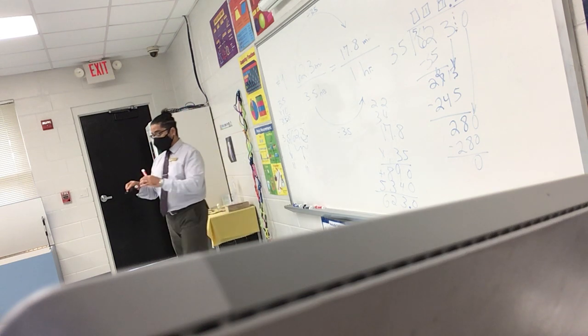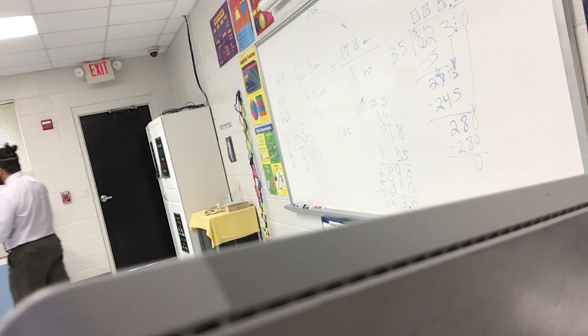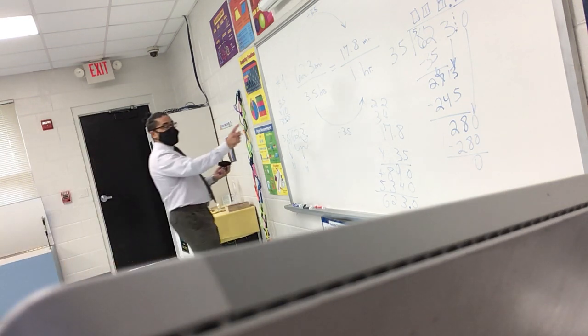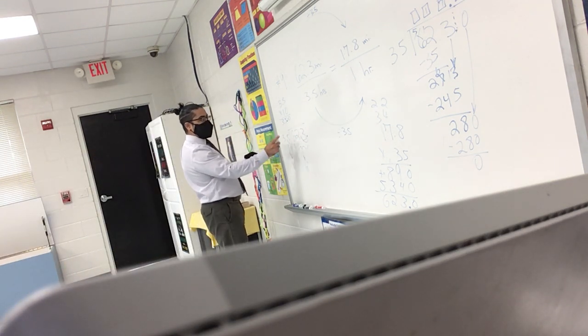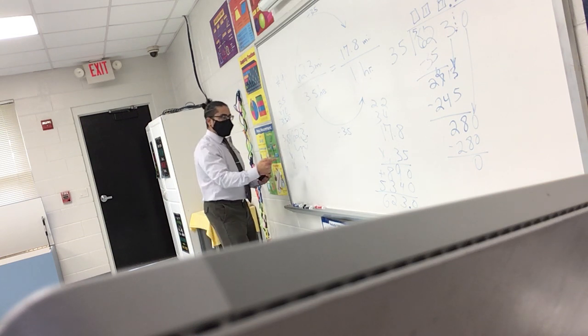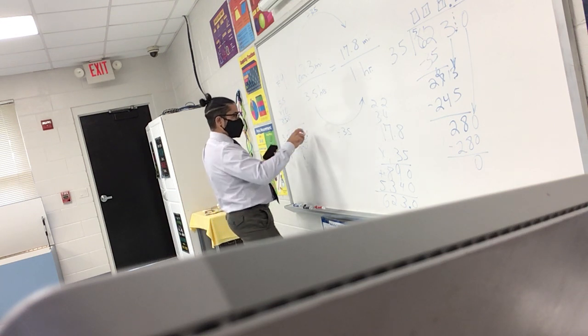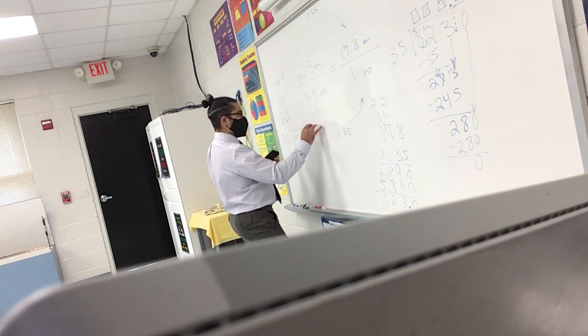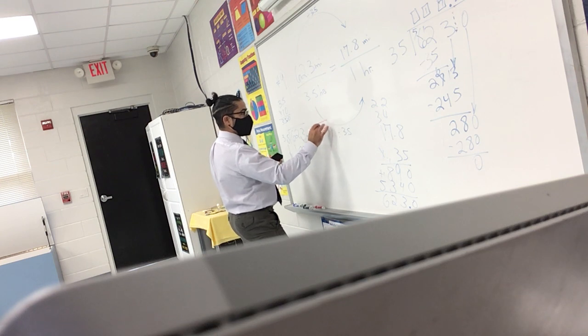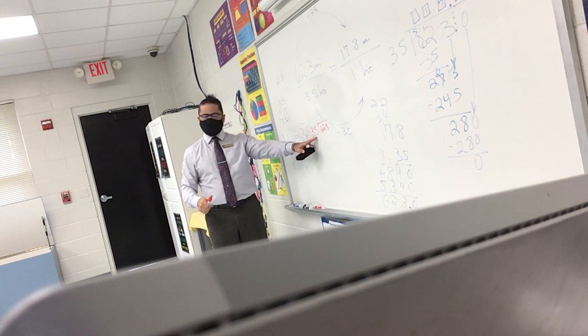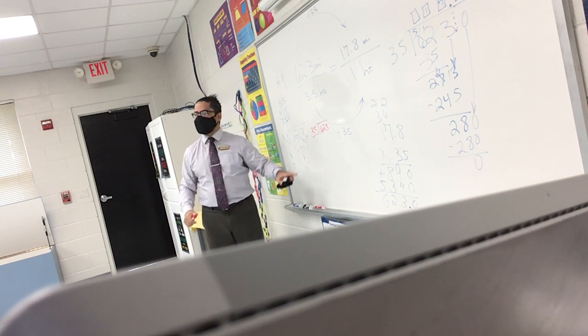So, again, 6th grade. When I'm dividing a decimal by a decimal, I have to multiply the dividend and the divisor by some power of 10. But when I'm dividing a whole number by a whole number, do I have to multiply either one of those by a power of 10?